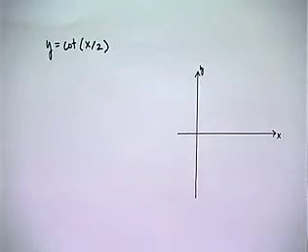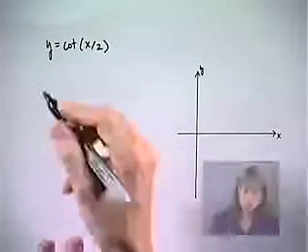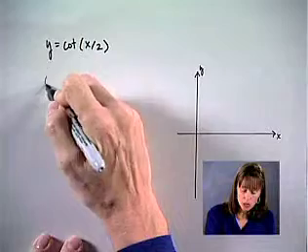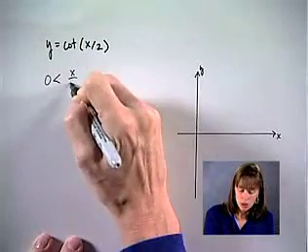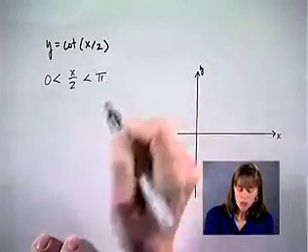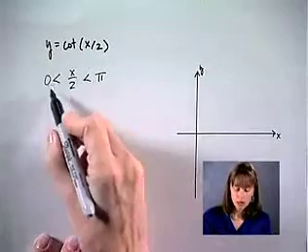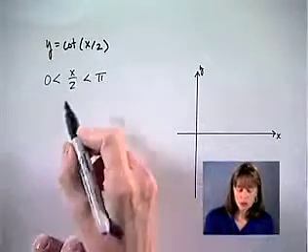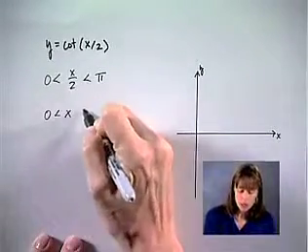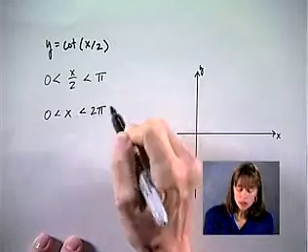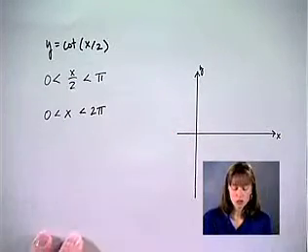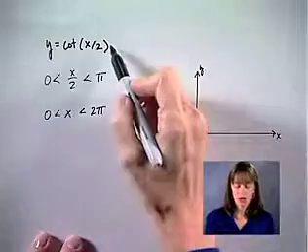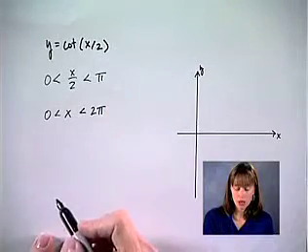One cycle of the cotangent of x extends from 0 to pi. So this particular cotangent function, x over 2, will be considered from 0 to pi. If I multiply each part of this inequality by 2, I can see that x is going to go from 0 to 2 pi. That's one cycle of the cotangent of x over 2.